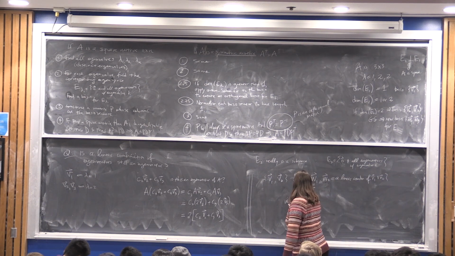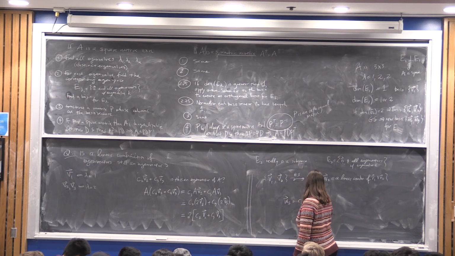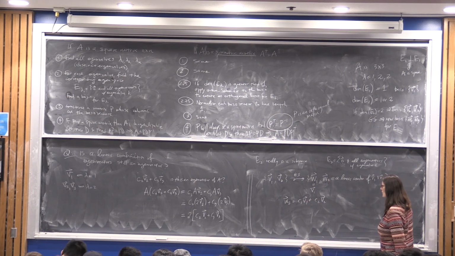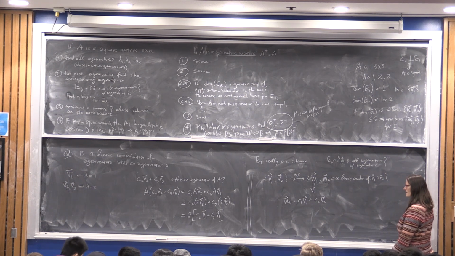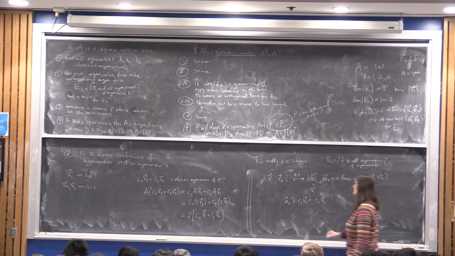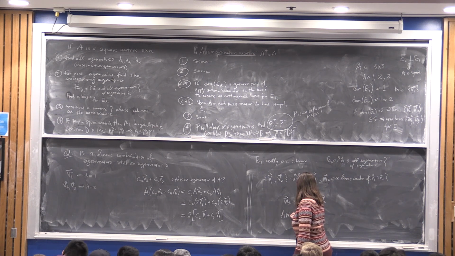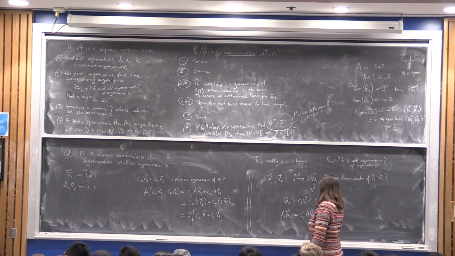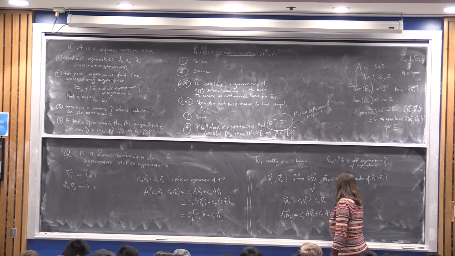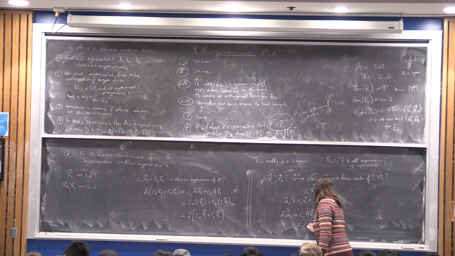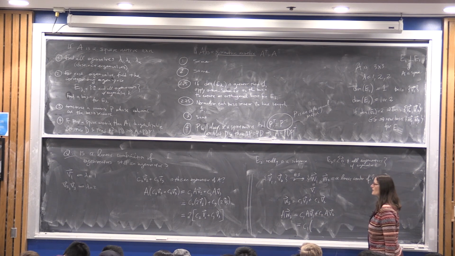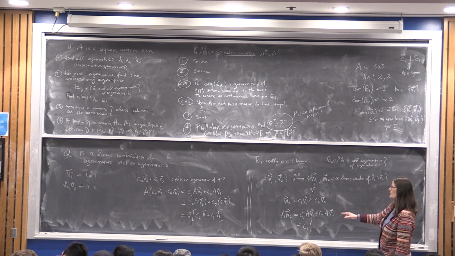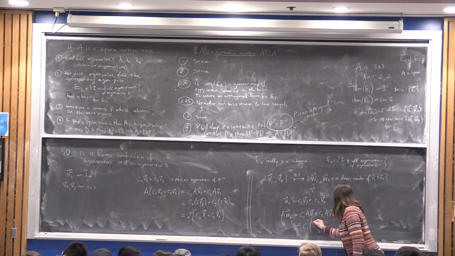So W2 is C1 V1 plus C2 V2. I want to know whether this thing that Gram-Schmidt gave me is actually an eigenvector. So I hit W2 with the matrix A, and I get C1 A V1 plus C2 A V2, which is C1 times, what is A times V1? What's lambda for V1? 1.